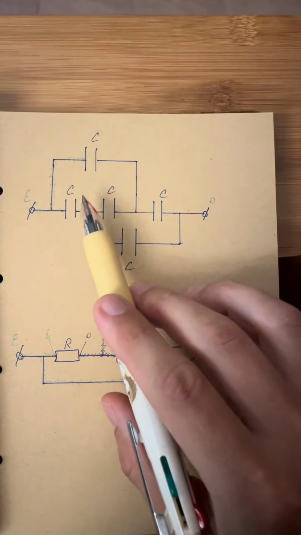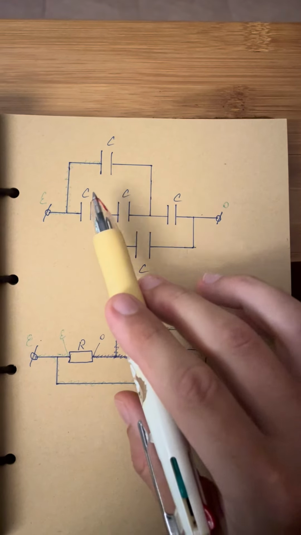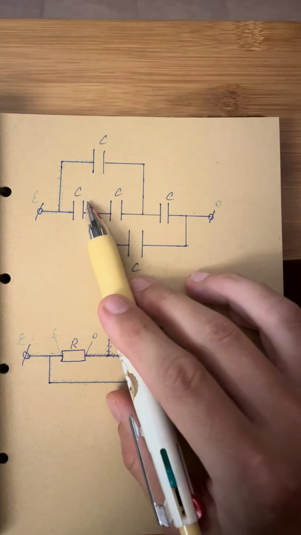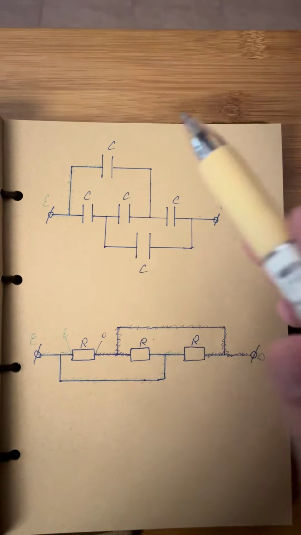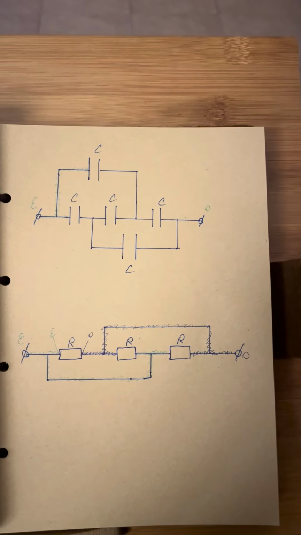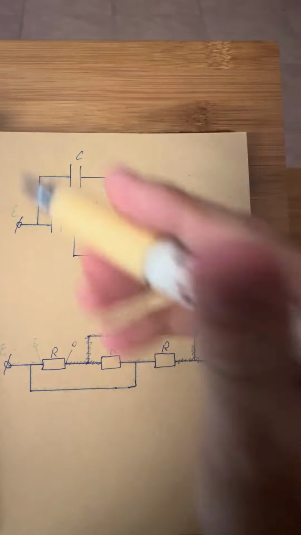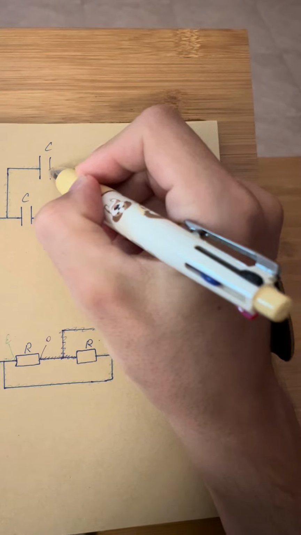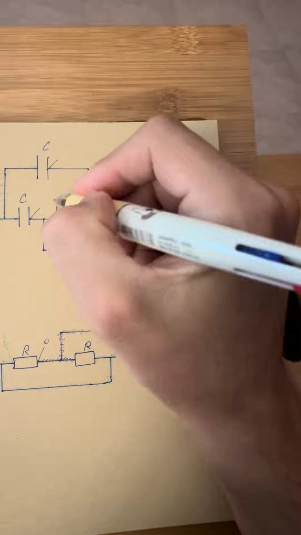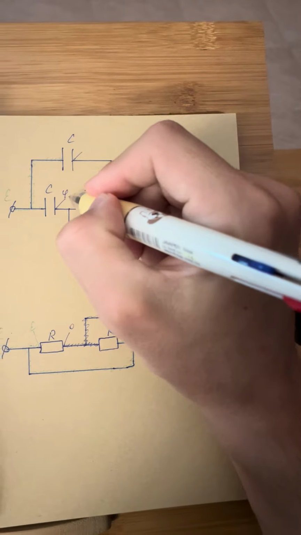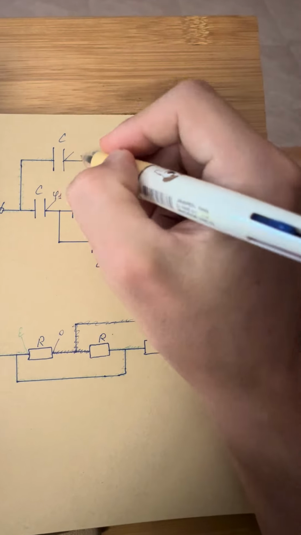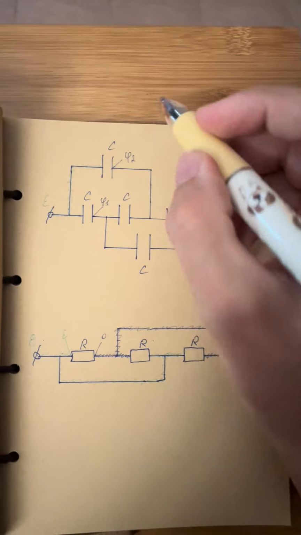And if these capacitors have the same capacitance, it means that I will lose potential by the same amount here and here. So actually it also means that I will have the same potential here and here. Let's say it's just phi, Phi 1 and phi 2.